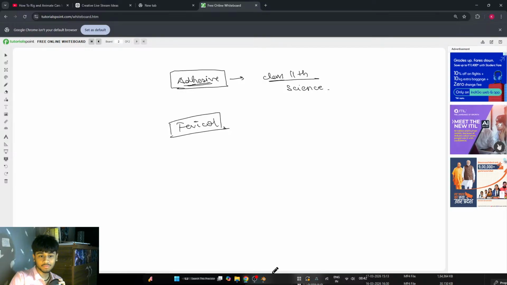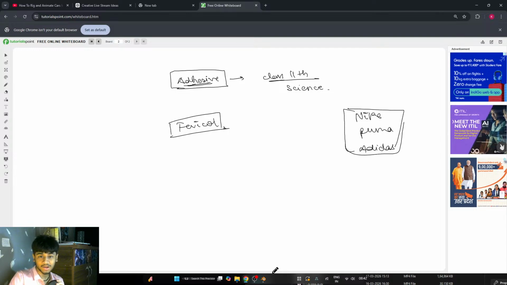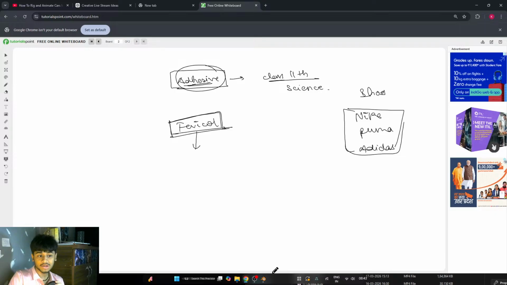What will it feel like if instead of saying I want to buy shoes, we say I want to buy Nike, I want to buy Puma, or I want to buy Adidas? It will just feel like you are taking the name of a brand. But you know what? Favicol marketed it in such a way that instead of saying adhesive to that particular thing, like how we say shoes, we are saying Favicol.